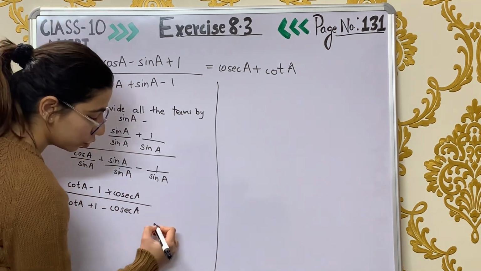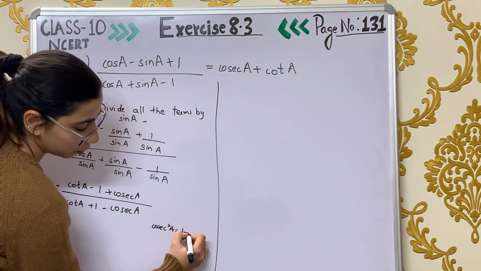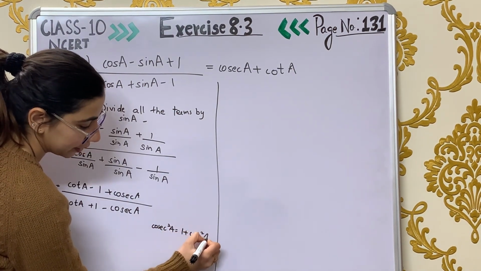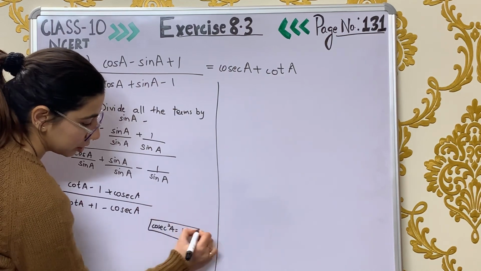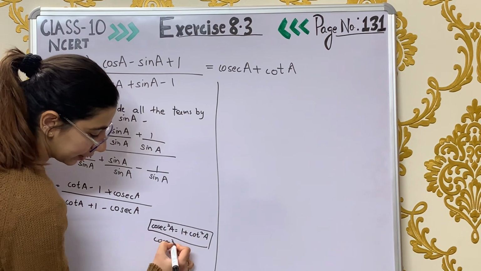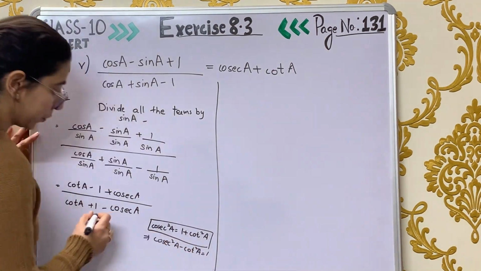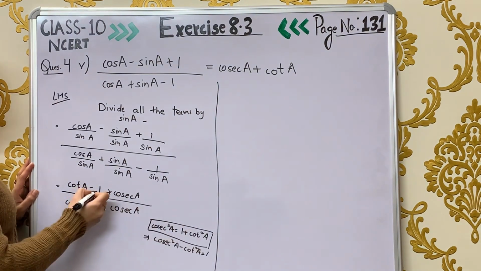Now, we also know that cosecant square A is nothing but 1 plus cot square A, right? So, from here, I can write that cosecant square A minus cot square A is equals to 1. So, let's put the value of 1 in the numerator.